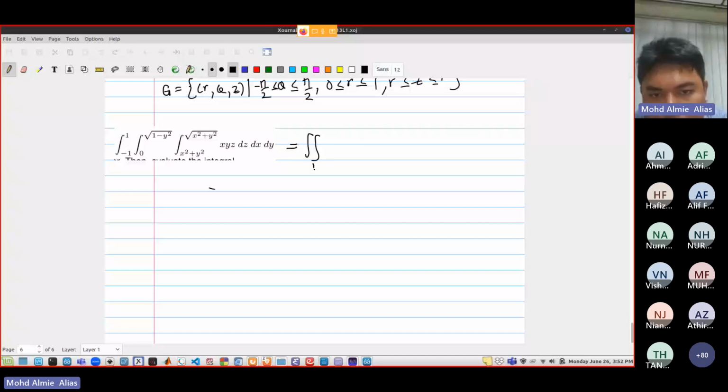This will be our f of r, theta, and z, and this is our f of x, y, and z.